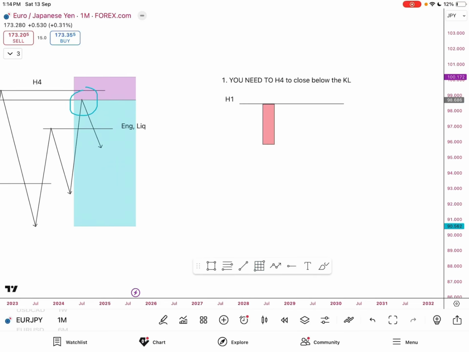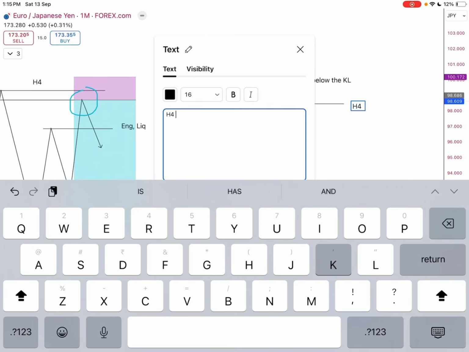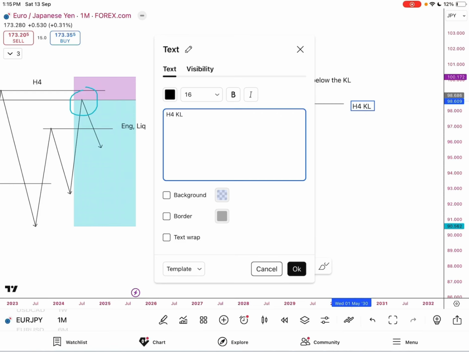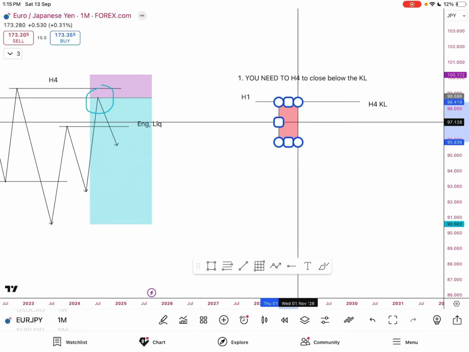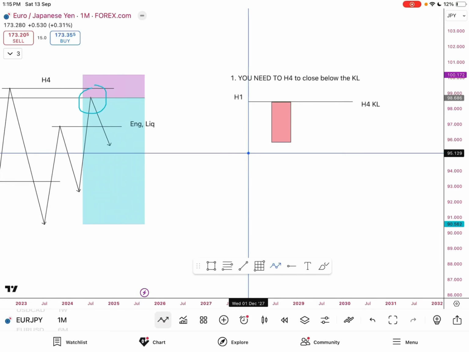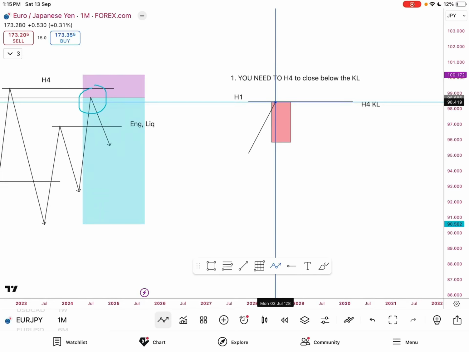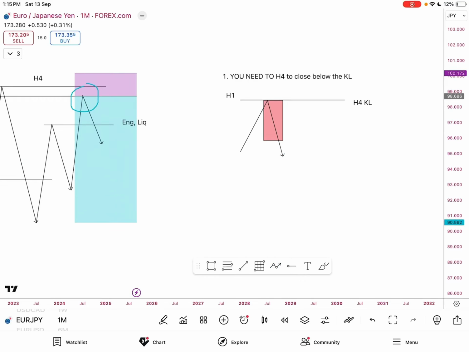Okay, so consider this is the H4 key level line. Now the H1 candle starts to react from this one, a bearish candle. The price touches this one and it starts to react here. Okay, we have a bearish candle.